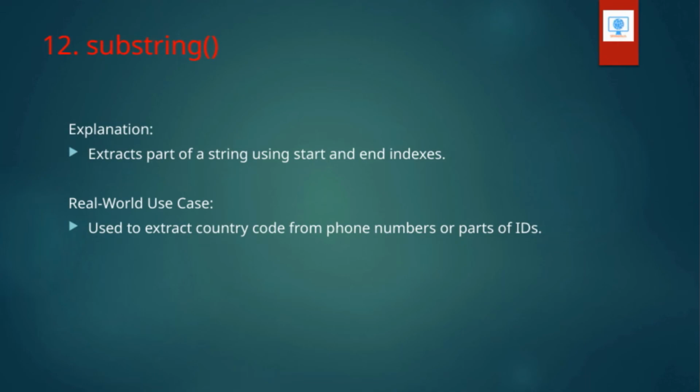For example, if you have a string representing a full phone number, you can use substring to isolate the country code. This technique helps us manipulate and analyze data more precisely, fitting into our overall theme of working efficiently with strings in programming. Remember, the key here is understanding how to select exactly the part of the string you need by defining the correct start and end points.